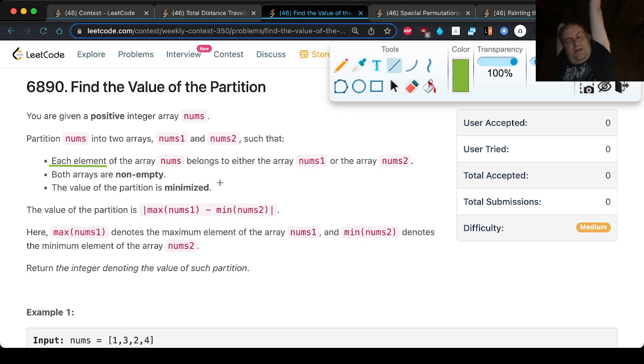So let's say I sort everything. Okay, so I sort nums1, I sort nums2. No, I mean, I sort nums. And I look for the minimum gap between two items. Don't tell me it's that easy.